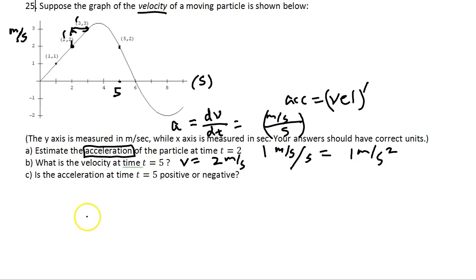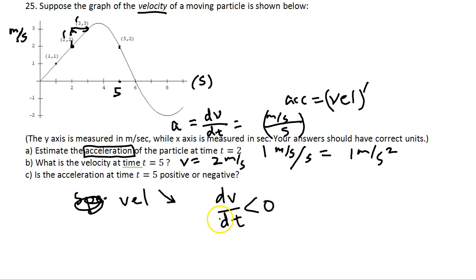The velocity is decreasing, which means the rate of change with respect to time is negative. And because acceleration is the rate of change of the velocity, we know that the acceleration is negative. So the correct answer is negative.